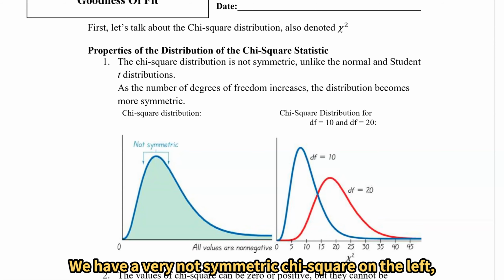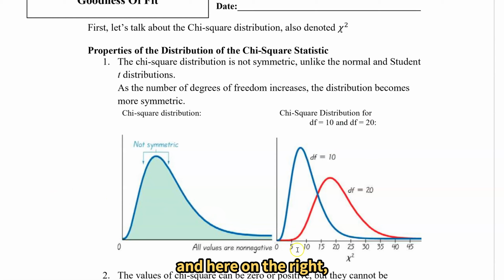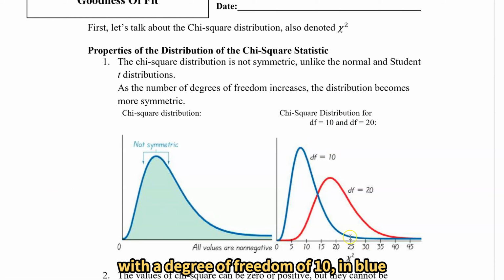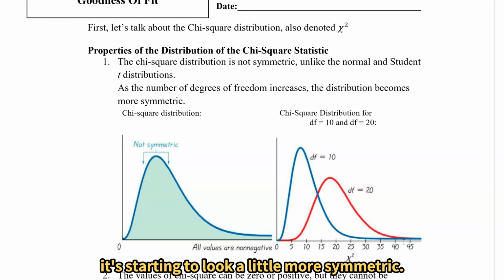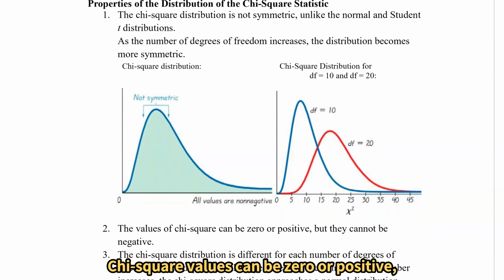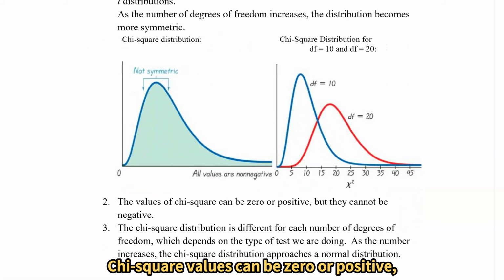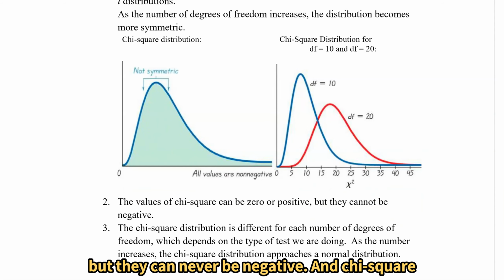We have a very not symmetric chi-square on the left, and here on the right, we have a chi-square distribution with a degree of freedom of 10 in blue and the degree of freedom 20 in red. And you can see the more degrees of freedom seems to pull it over so that it's starting to look a little more symmetric. Chi-square values can be 0 or positive, but they can never be negative.